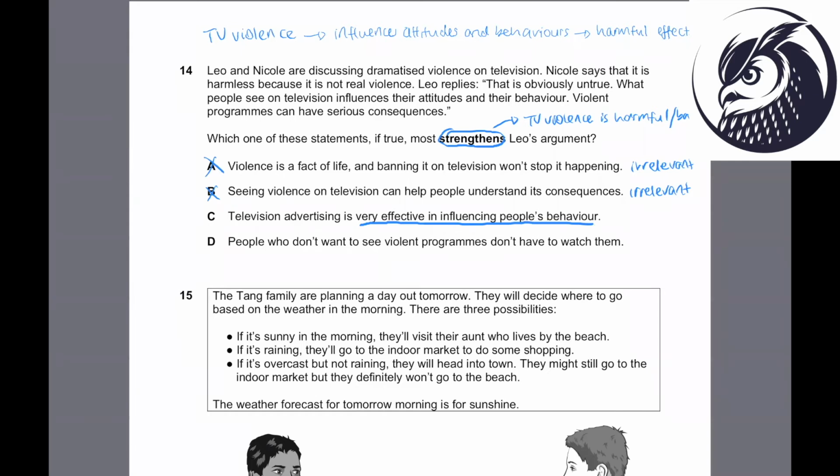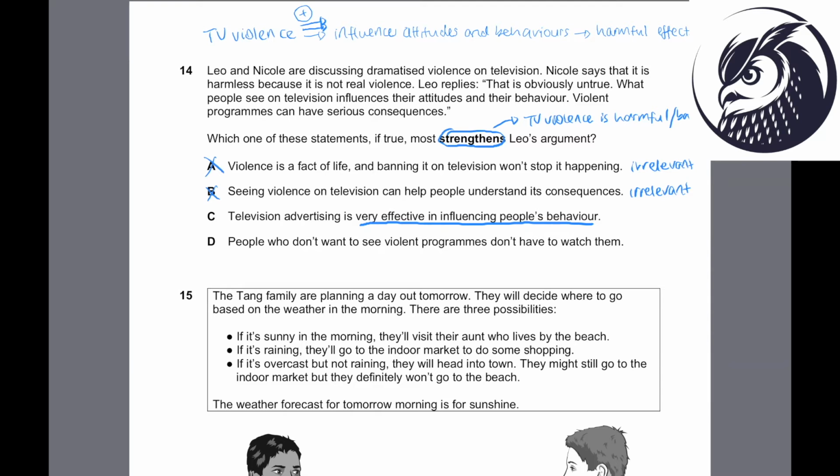So you can see it's strengthening this part of Leo's argument. What I would say is having a strengthening effect there. It's really saying that anything that you see on TV can really affect your behavior. TV violence being one of them, it can affect people's behavior. So you can see that C does strengthen Leo's argument here, right? Especially the first part of his argument. So we're gonna keep C as one of our potential answers.